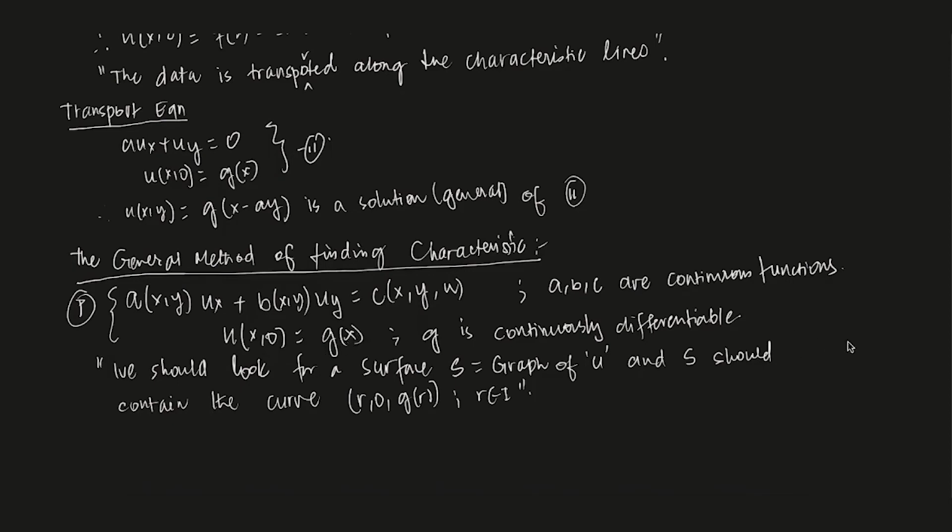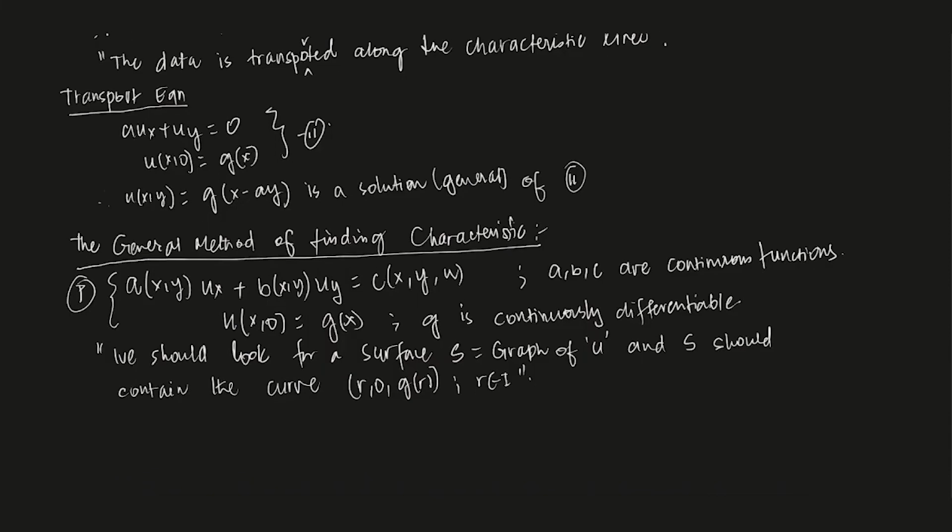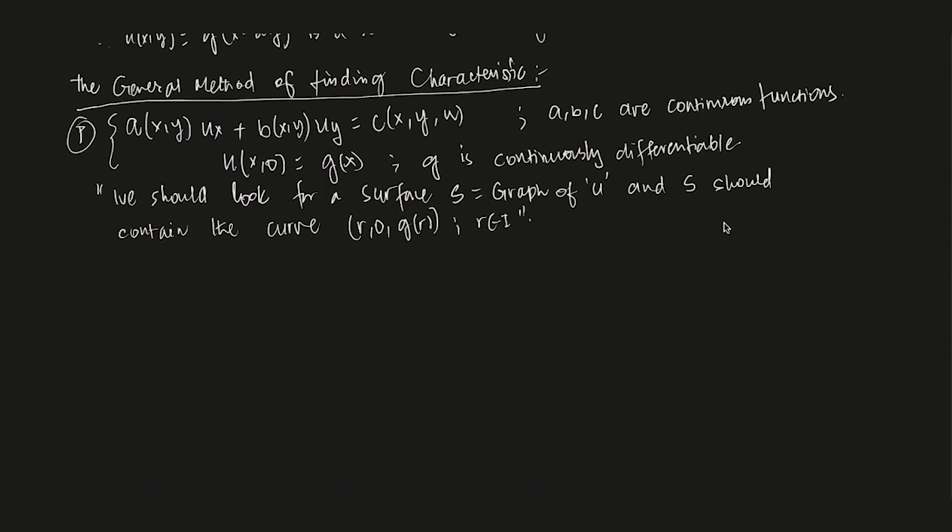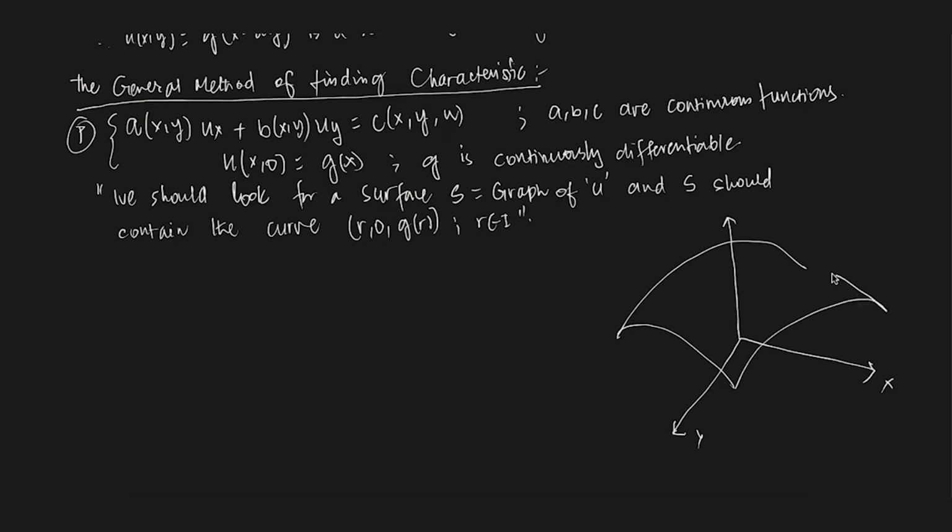So essentially what I mean is something like this. Let's say that is the x-y axis, and this is our surface S, which is the graph of u. Take any point x0 here, let's say this is x naught 0.